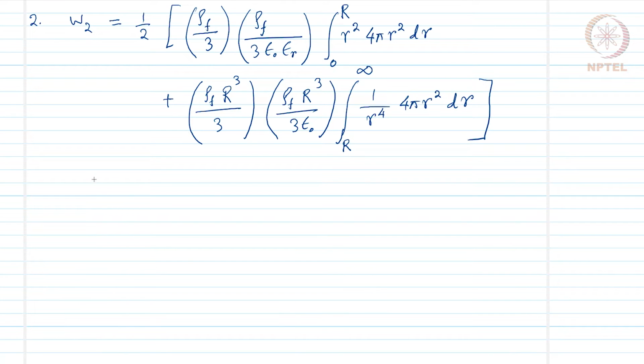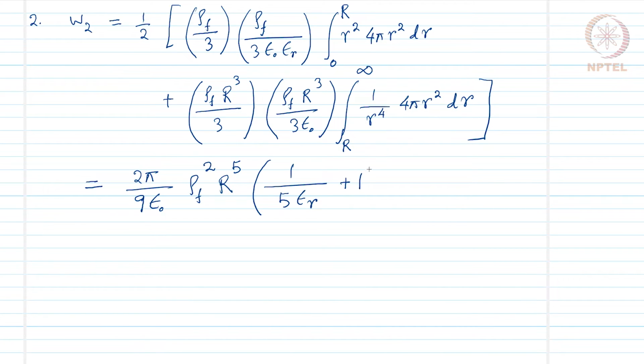And if we perform this integral, we will obtain twice pi over 9 epsilon naught rho f squared R to the power 5, times 1 over 5 epsilon r plus 1.